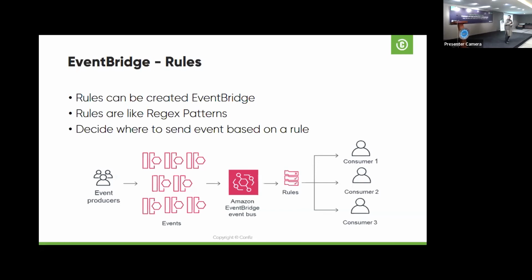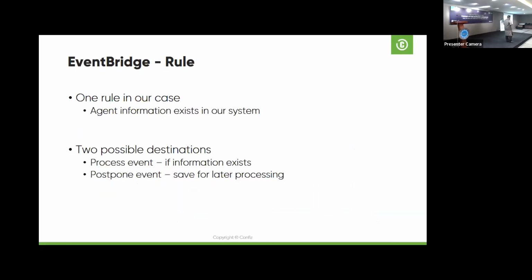In our case, as I mentioned, after data enrichment, it is still possible that the required information that we're looking for was not present in our system and the data was not properly enriched. In that case, we're not discarding the event, but we're sending this event to a different stream called the postpone stream.